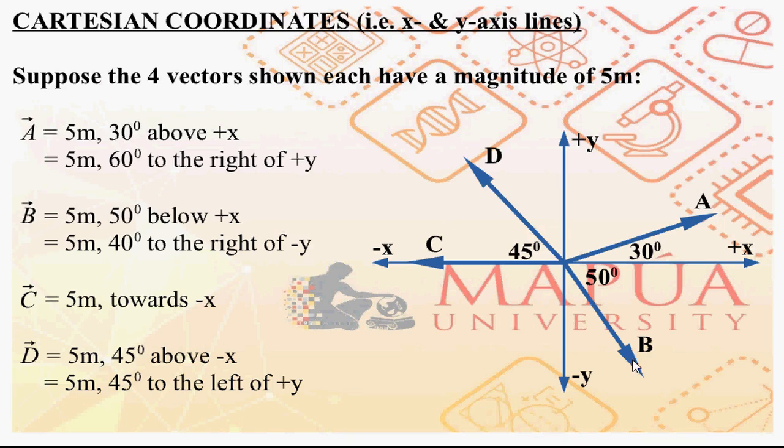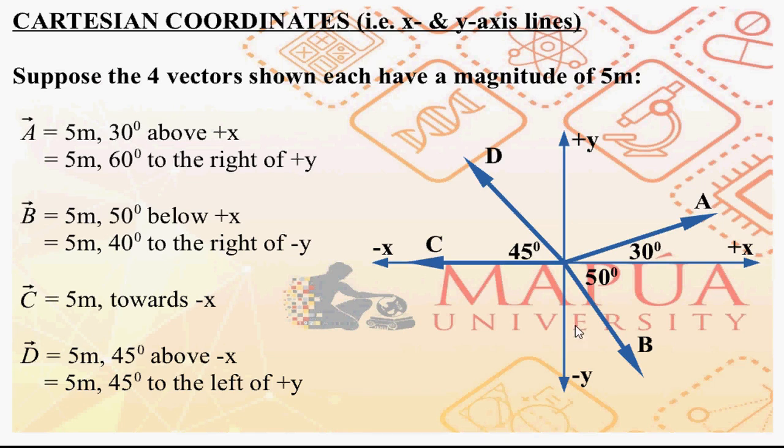Say vector B, again, 5 meters magnitude. Vector B, the angle of orientation is 50 degrees and it is below the positive x direction or line. So the direction for vector B is 50 degrees below positive x. The complementary angle, the other angle is 90 degrees minus 50. That will give you 40 degrees.